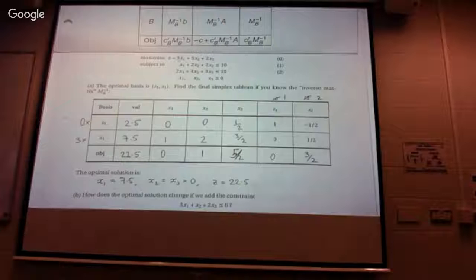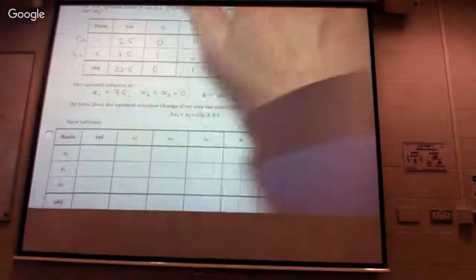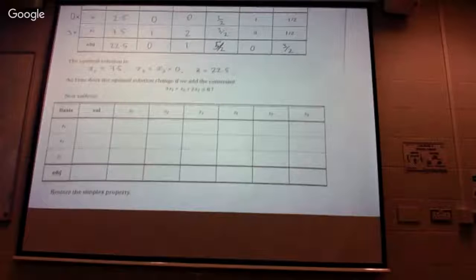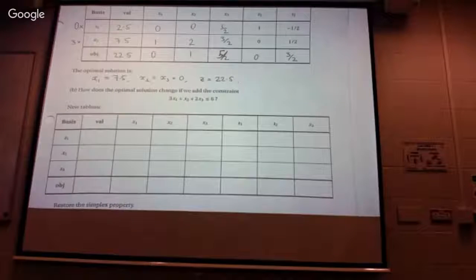Now, something we did last week, add a new constraint. So what happens if we add a new constraint?